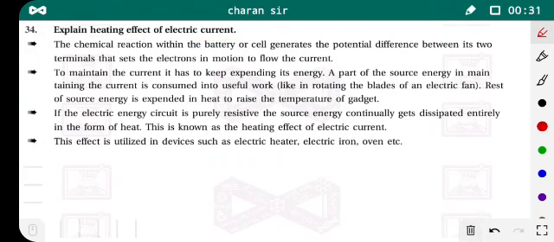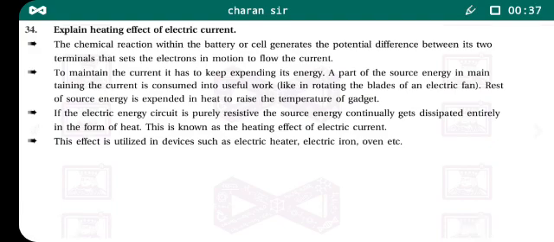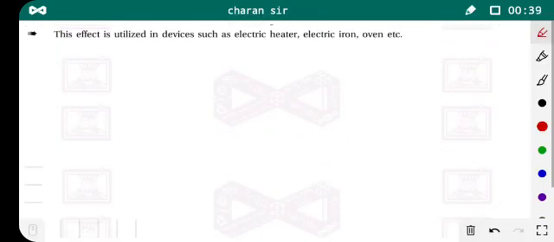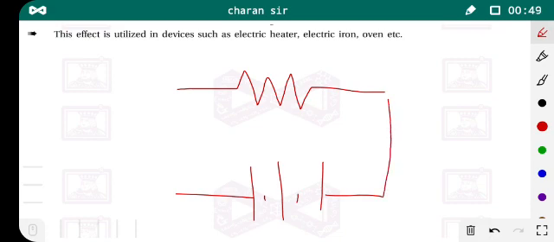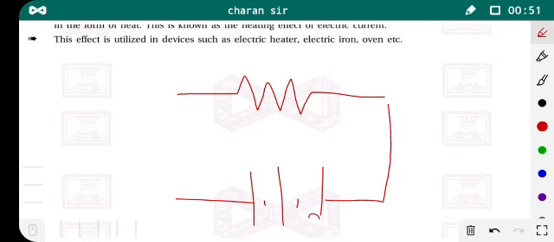So now we start this topic by considering one circuit diagram. First of all, we consider a circuit diagram in which we connect a conductor with a battery. This battery is the source for the conductor.